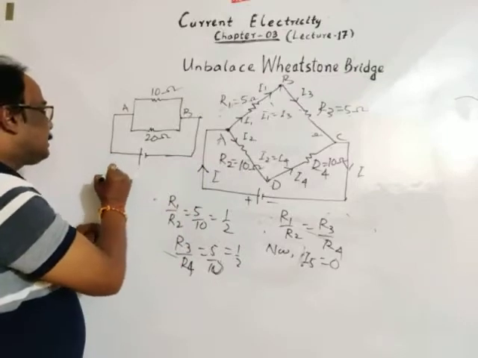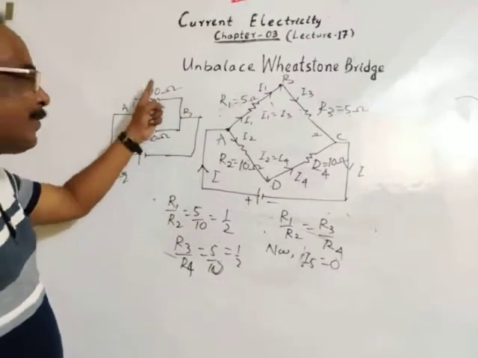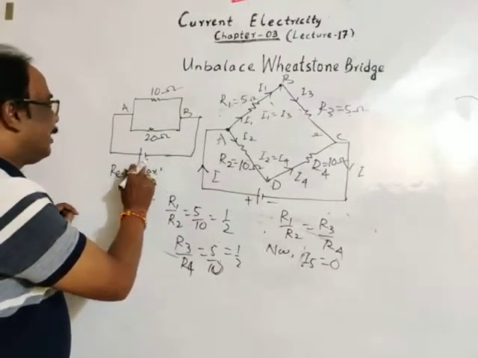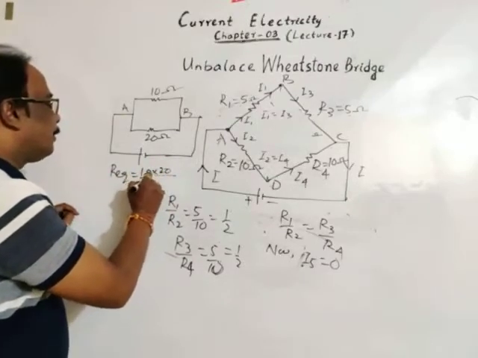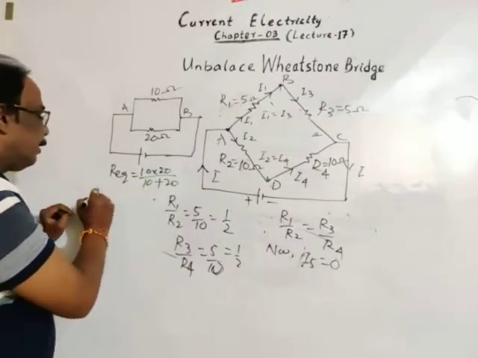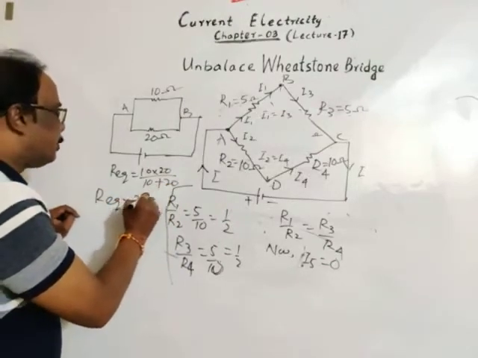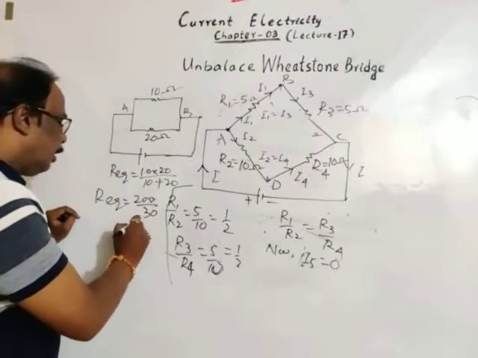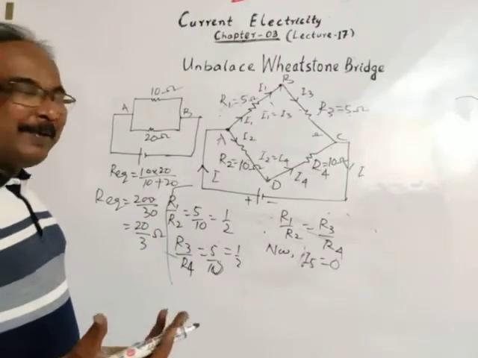So total resistance or equivalent resistance, now we can calculate 10 ohm and 20 ohm in parallel. Then R1 R2 divided by R1 plus R2, 10 into 20 divided by 10 plus 20. Then equivalent resistance is 200 divided by 30 or 20 by 3 ohm.